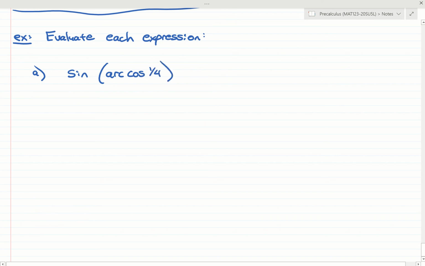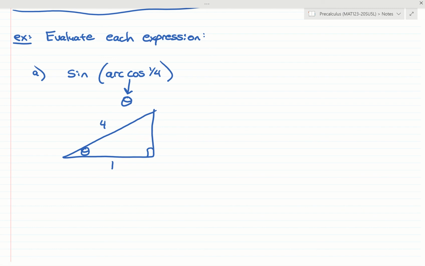So this is a little bit different. Remember, arc is always going to give you an angle. So whatever this is right here, this is telling you some angle. Let's draw a triangle whose angle gives us a cosine of 1/4. Well, the cosine of 1/4 would be the adjacent and the hypotenuse. So the arc cosine of this angle that I just drew would be 1/4.